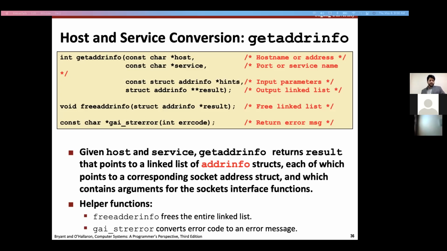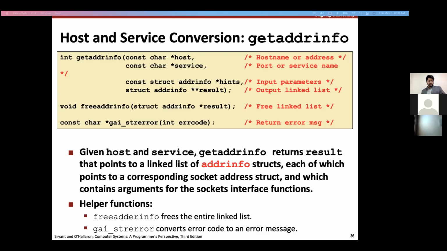Given host and service, getaddrinfo returns a result that points to a linked list of addrinfo structures, each of which points to a corresponding socket address structure, and it contains arguments for the socket interface functions.